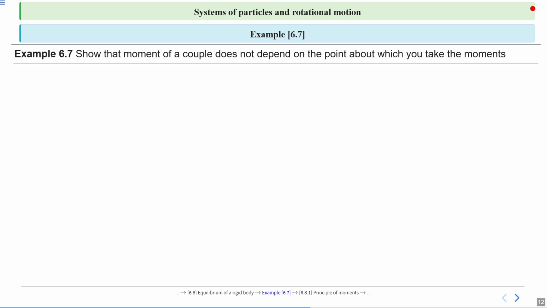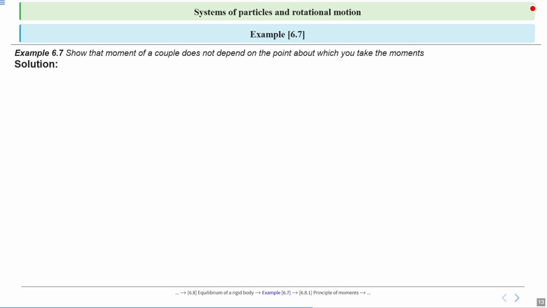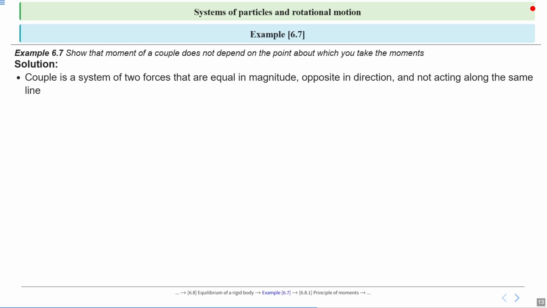Let's solve this question. Here a couple is a system of two forces that are equal in magnitude, opposite in direction, and not acting along the same line. It means the lines of action are different.